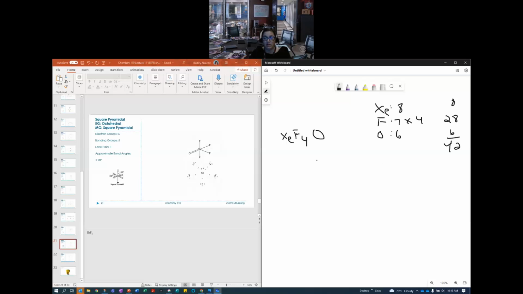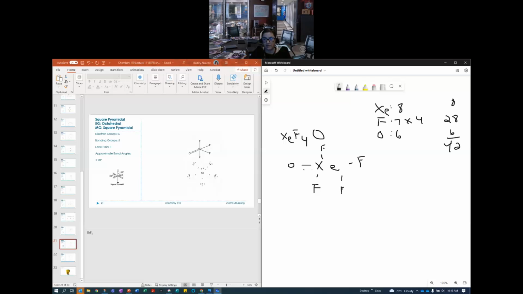Now, Xe is written first, so I'm going to put him in the center. That means I'm going to have a fluorine, a fluorine, a fluorine, and a fluorine, and then an oxygen out here. Now, to start, I'm going to draw 1 bond for each of them.